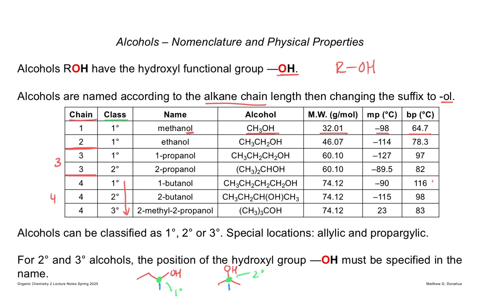Look at the boiling point trend. The boiling points are decreasing as the substitution pattern is increasing. The way I like to think about it is, primary is like spaghetti, and tertiary is like M&Ms.